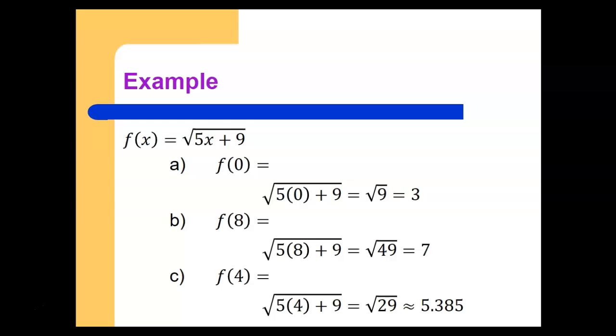So we can't write down exactly what the square root of 29 is, other than just leaving it as the square root of 29. If we want an exact answer, we have to just write it as the square root of 29. If we want a decimal approximation, you can ask your calculator what the square root of 29 is, and it'll give you something that's approximately 5.385.